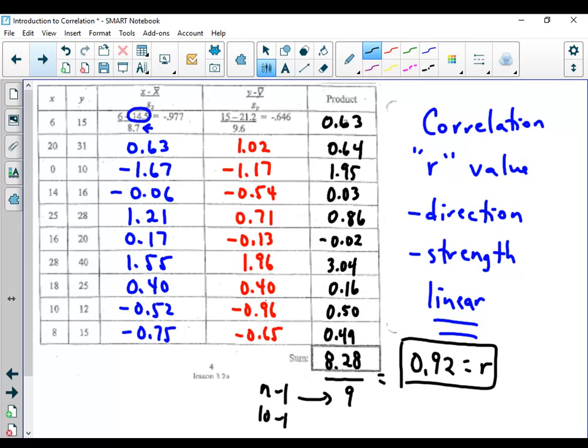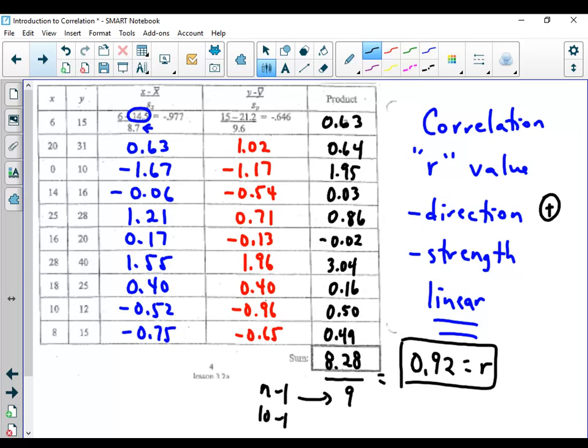What's it telling us? Well, we said it should tell me two things. It should tell me the direction, and I can decide the direction just by the fact that this is positive. So if I get a positive R value, that means my graph should be positive. If I get a negative R value, that means my graph should be negative. Well, we already decided this was positive, so far so good.